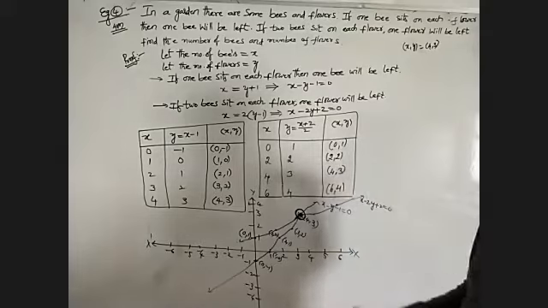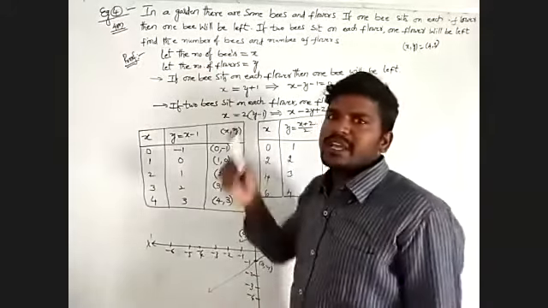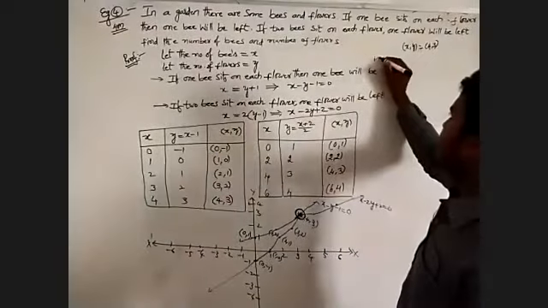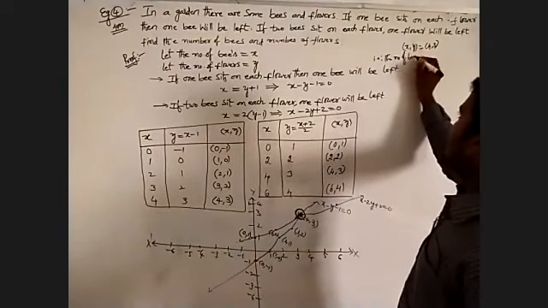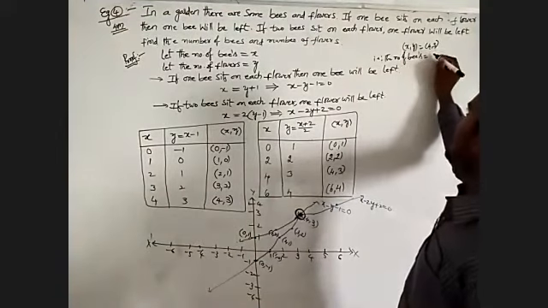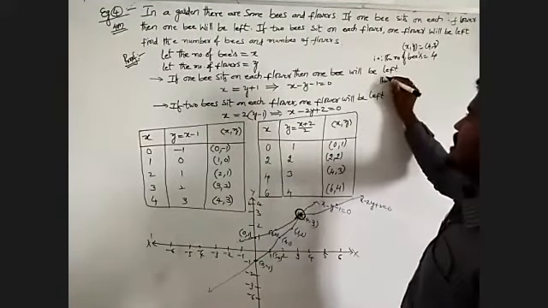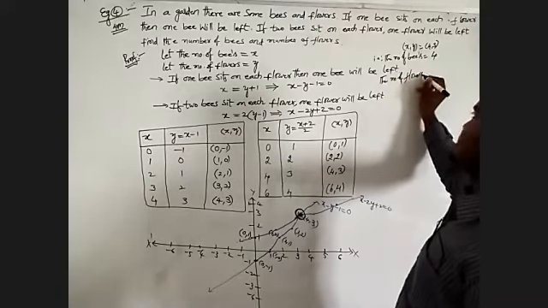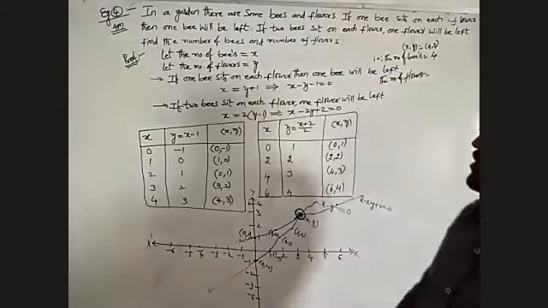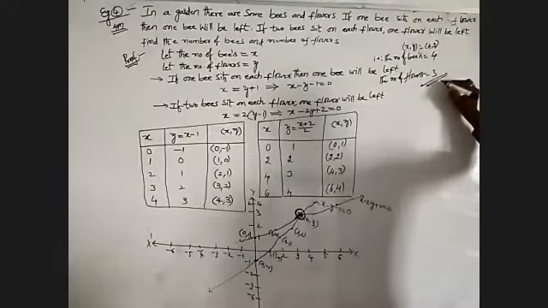By the problem, the number of bees is x, where x is equal to 4, and the number of flowers is y, where y is equal to 3. This is what is asked in this problem.